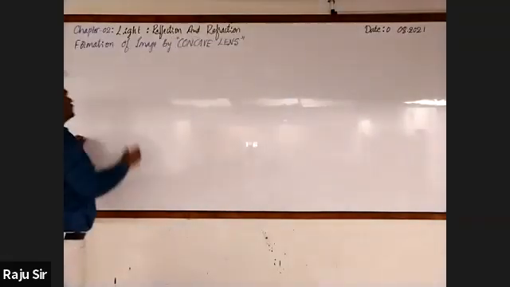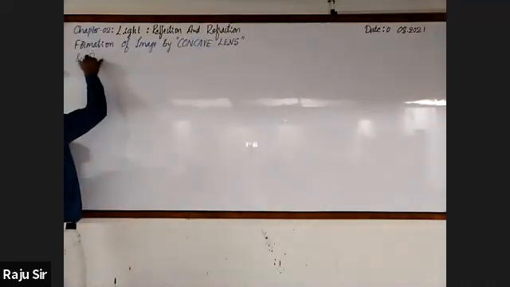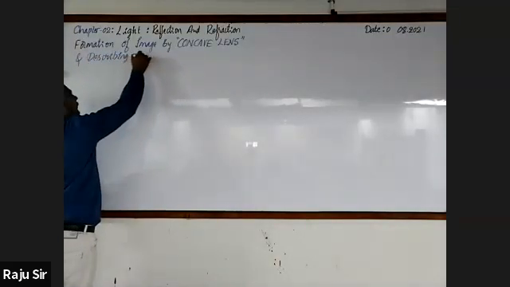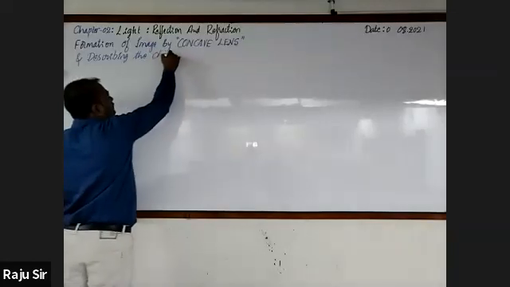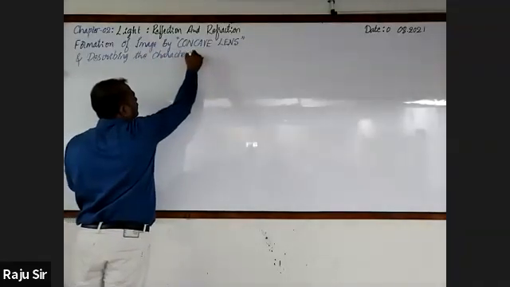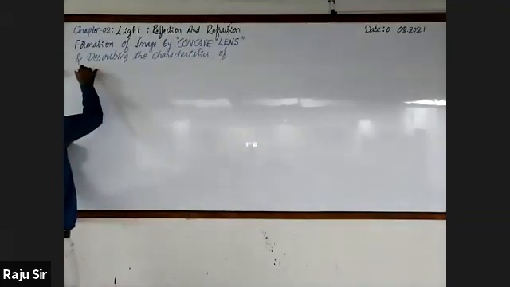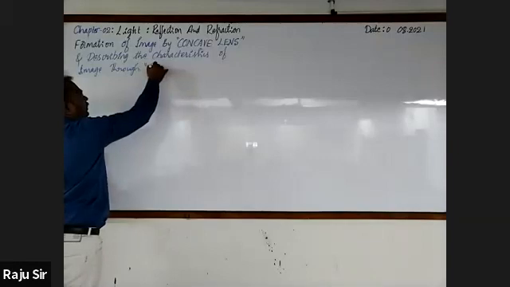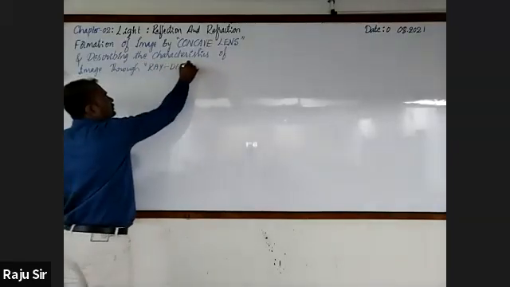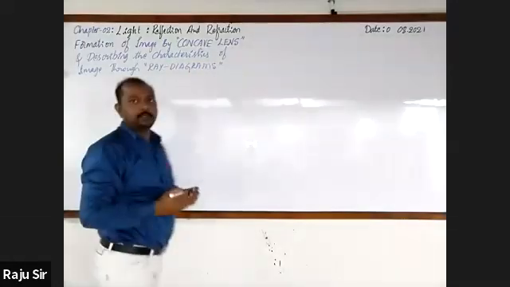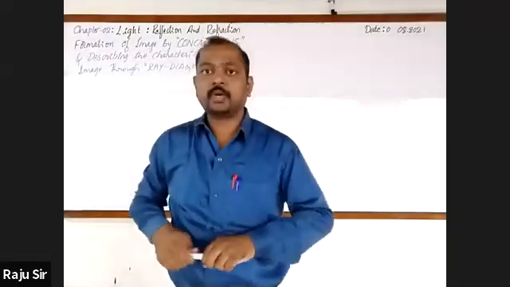Next, below that: describing the characteristics of image through ray diagrams. Characteristics of image are to be described through ray diagrams.